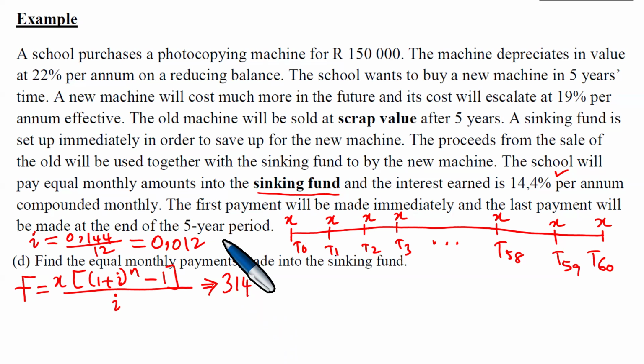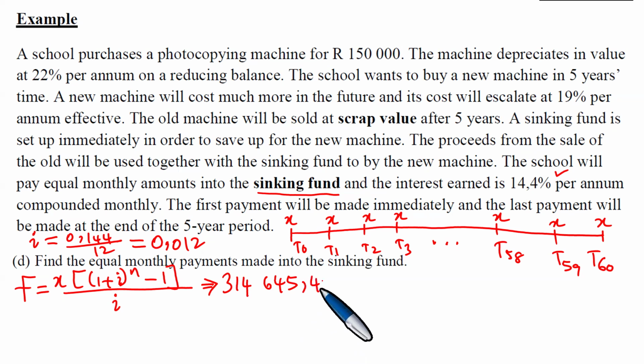Normally it's money that is not there, and we want to have a certain amount of money after 5 years. So it makes sense that by and large, we use the future value formula.